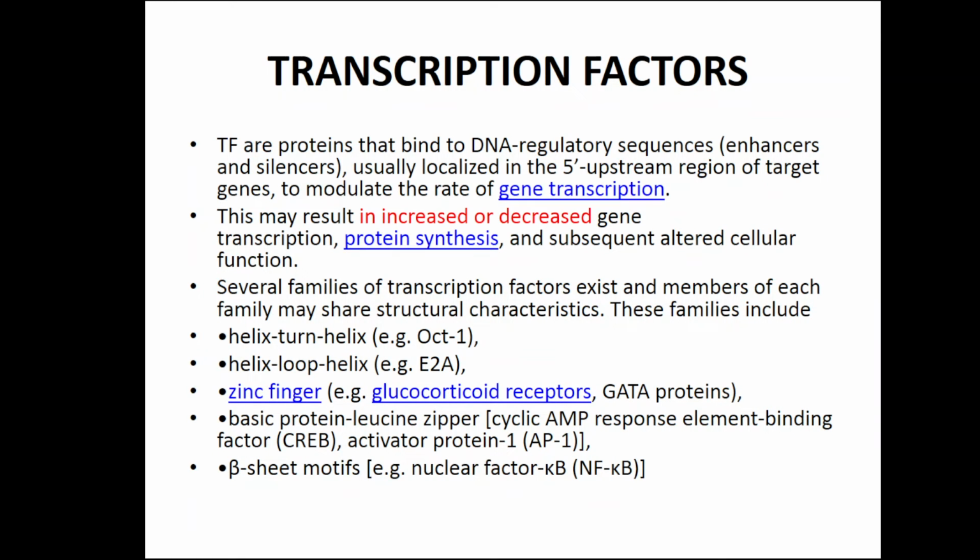Transcription factors are proteins that bind to DNA regulatory sequences, enhancers or silencers. It is regulatory activity which can make high gene expression or down gene expression, usually located in the upstream region of target genes, and modulate the rate of gene transcription.